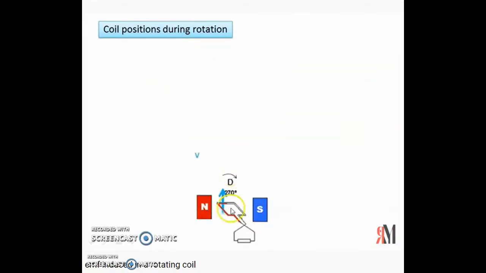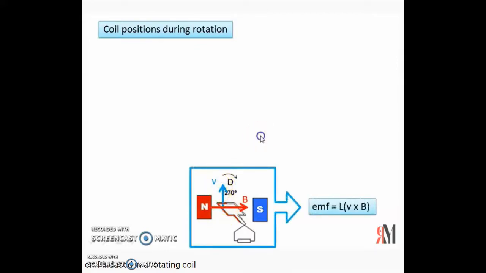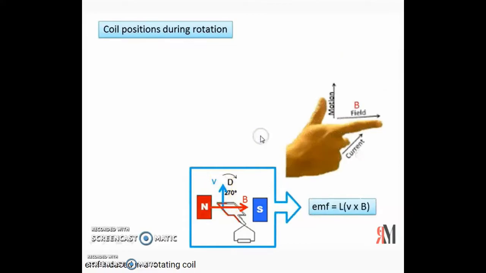Next, position D, 270 degrees. The magnetic field direction is to the right, but this time V is upward. So using Fleming's right hand rule, the B direction is to the right, the V direction is upward, and lastly I is into the screen.